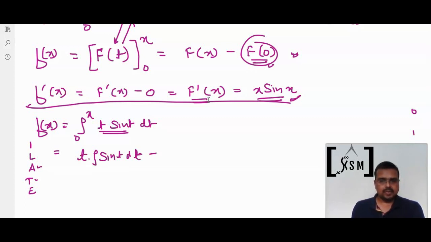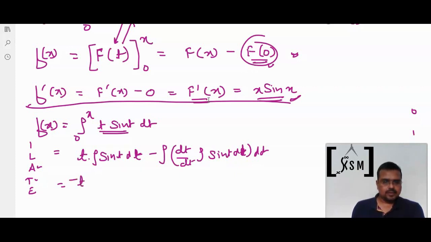So we get t times the integration of sine t, which is minus cos t, minus, this differentiation is 1 and this is minus cos t, so it is plus cos t dt, right? So we get minus t cos t, and cos t integration is plus sine t.